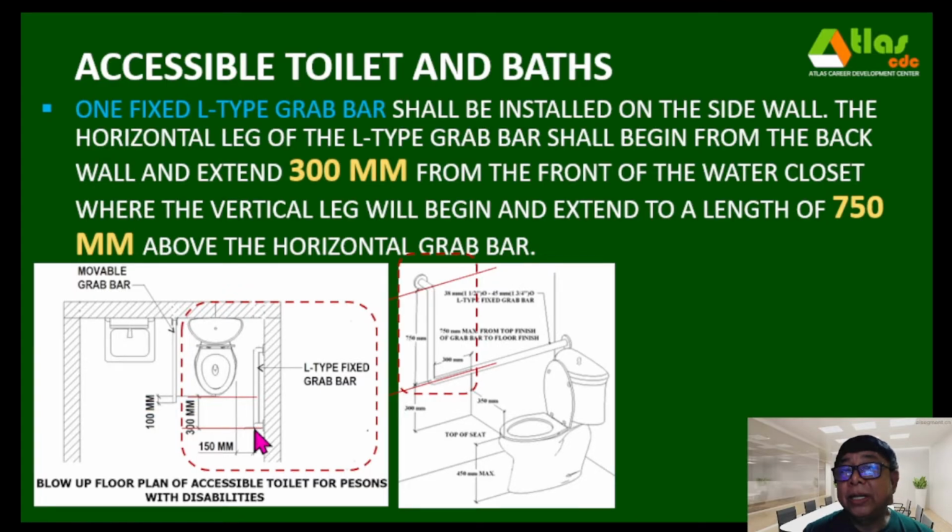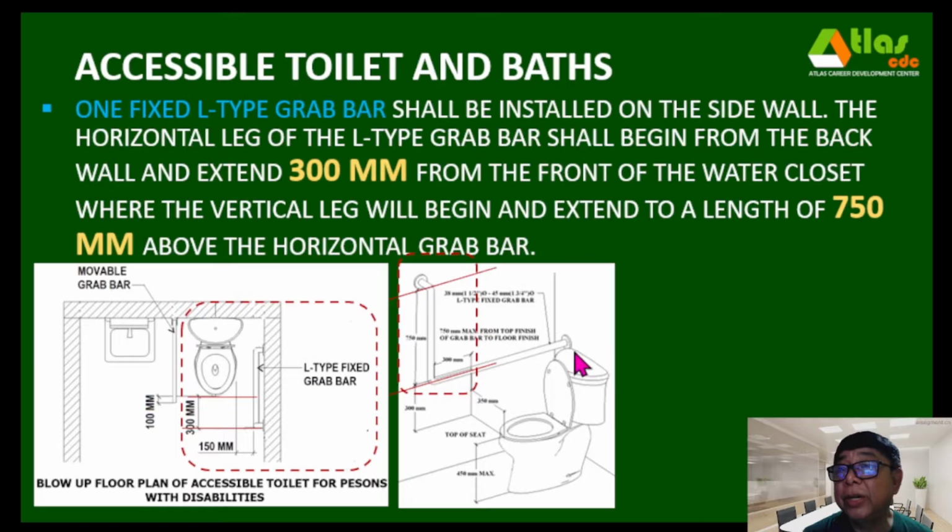Where the vertical leg will begin and extend to a length of 750 mm above the horizontal grab bar. So this vertical grab bar should be extending up to a height of 750 or 0.75 meters from the horizontal grab bar.